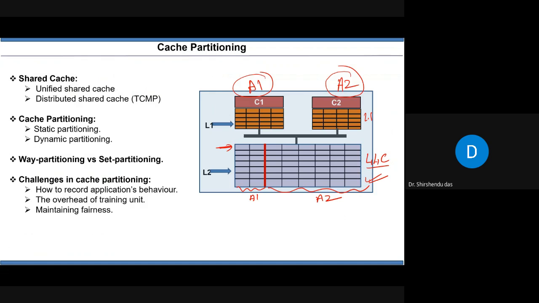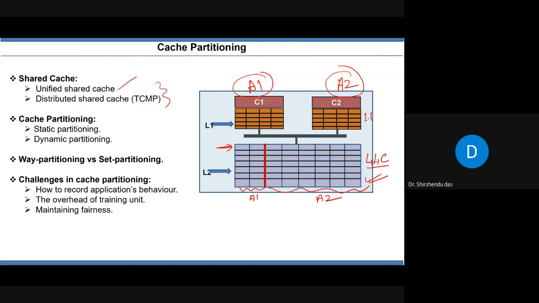So these two terms, I think I have already explained. What is called shared cache, unified shared cache, I have already explained. Distributed shared cache means NUCA and TCMP, all these things I have already explained, so I'm not repeating them here. But you should know the terms: what is called shared cache, what is called NUCA, what is called TCMP, what is LLC.